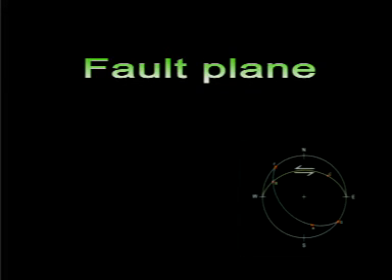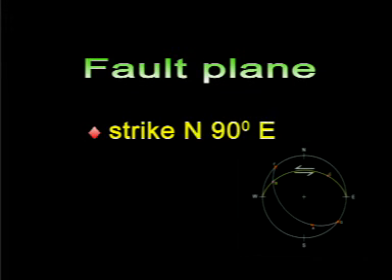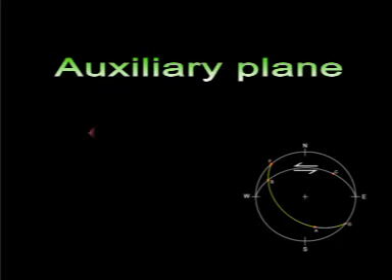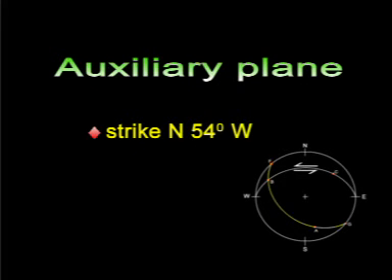The fault plane, which is generally chosen based on the geology or the prevailing tectonics of the area, is strike north 90 degrees east and dip 44 degrees north, while the auxiliary plane in this is strike north 54 degrees west and dip 52 degrees southwest.